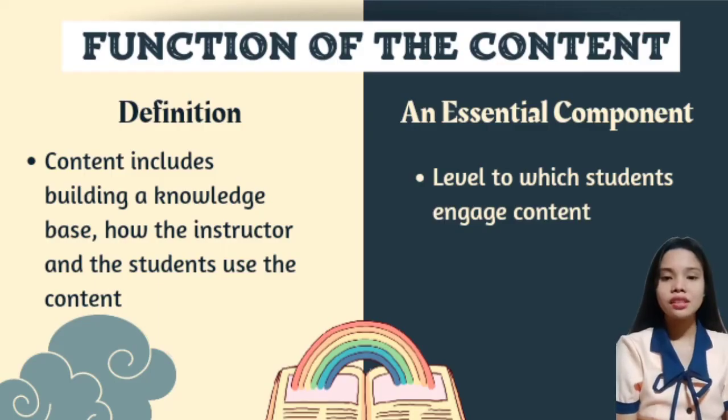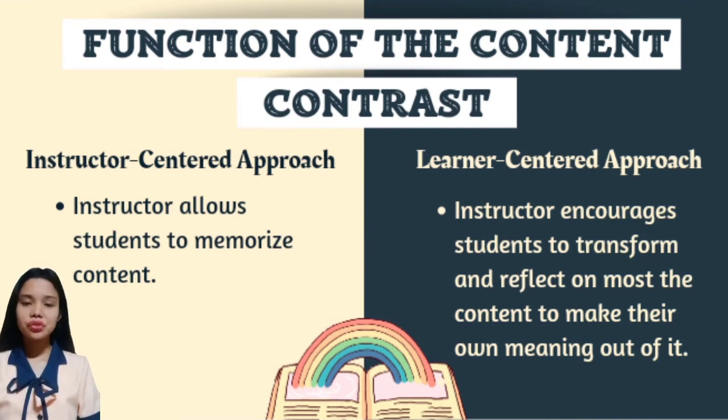The definition of this dimension is that content includes building a knowledge base and how the instructor and the students use the content. An essential component of this dimension is the level to which students engage with content. Let's compare and contrast the teacher-centered approach versus the learner-centered approach about the function of the content.